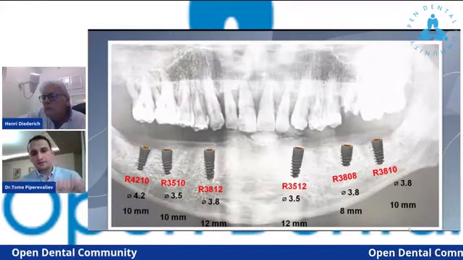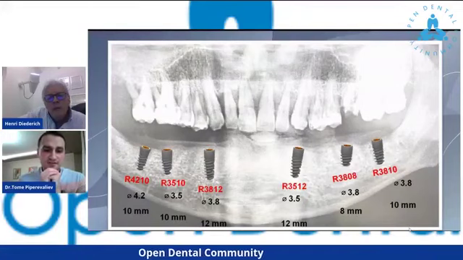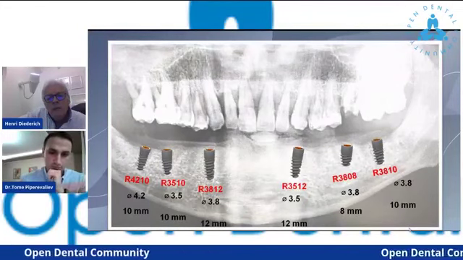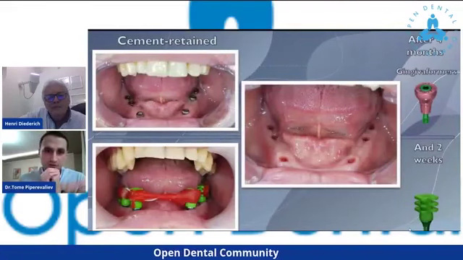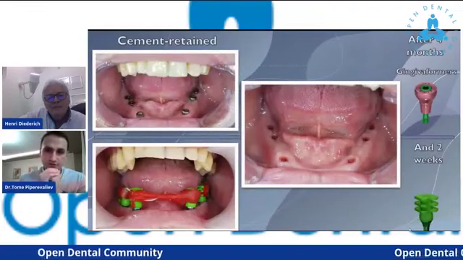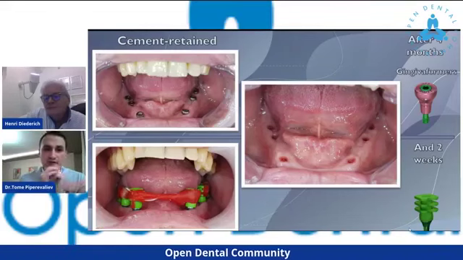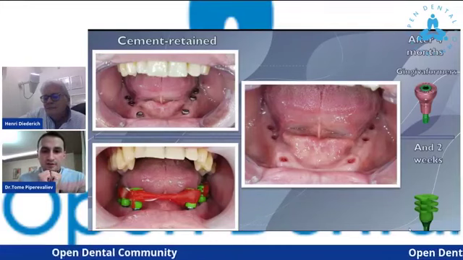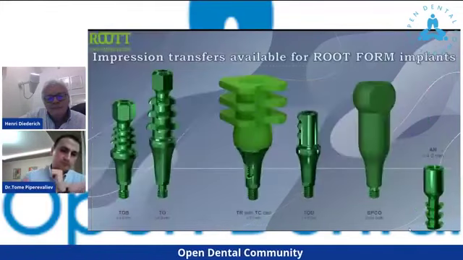And here we can get information about the dimensions and diameters of the inserted implants. And after 4 months, we are beginning with the second stage by inserting the gingiva formers. After 2 weeks, the emergence profile is ready, and we take the final impression with closed tray method.